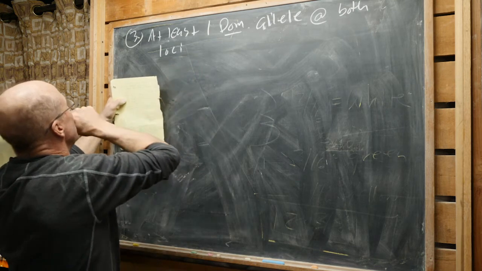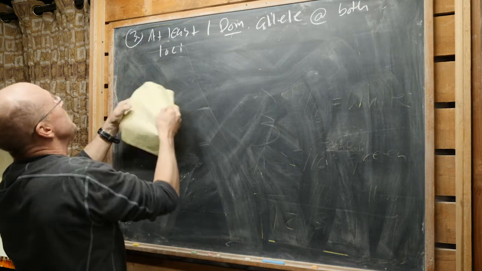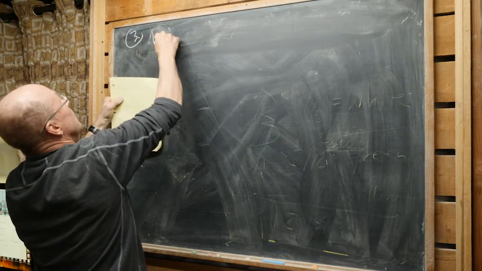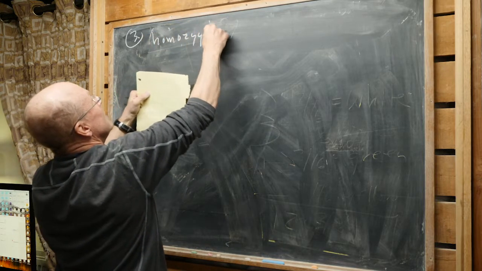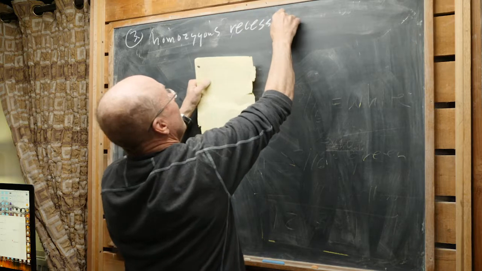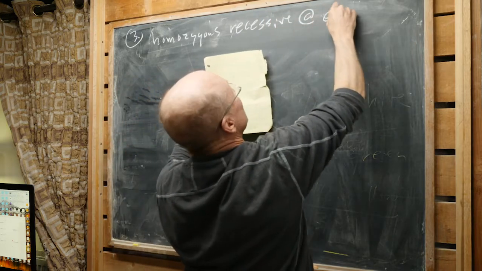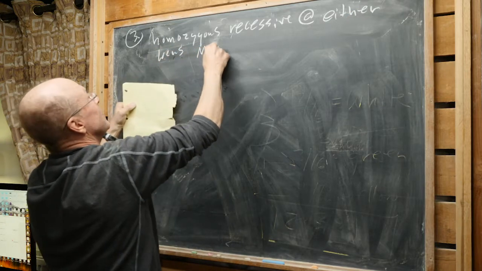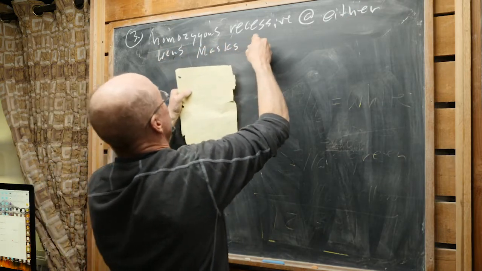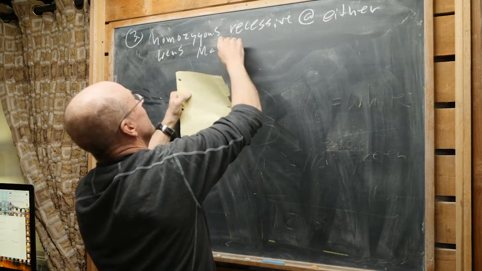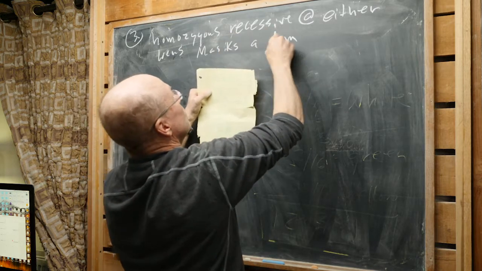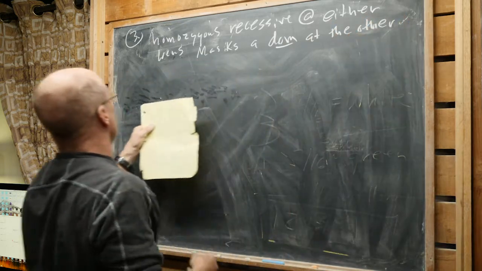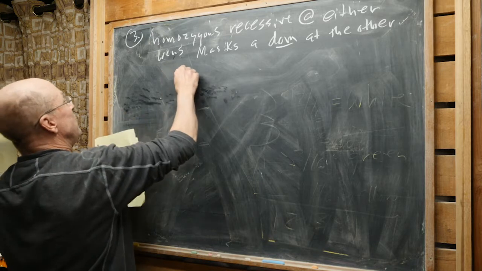Wait a minute. Let me change this to a better definition. So, homozygous recessive at either locus masks a dominant at the other locus. So here's a pea flower color.